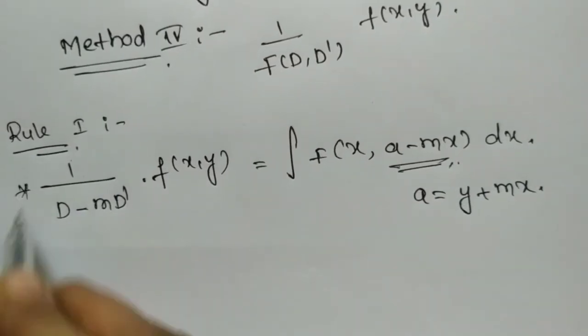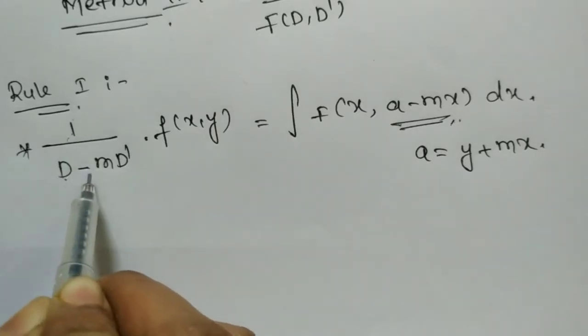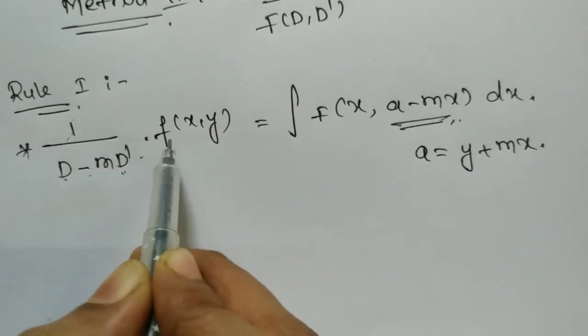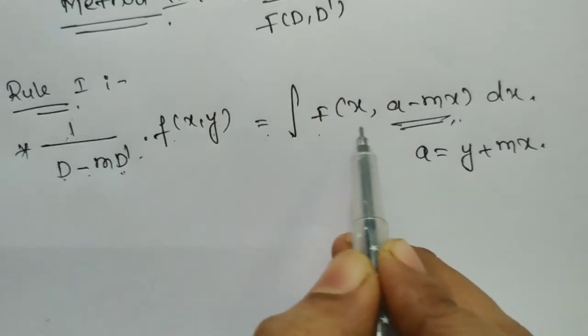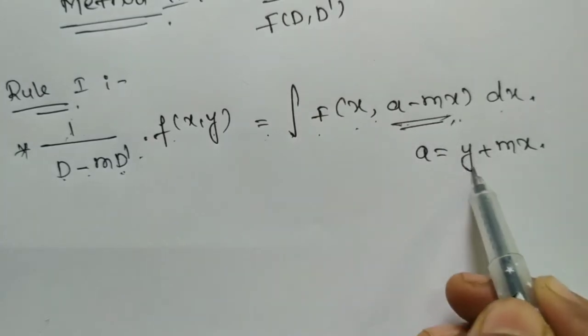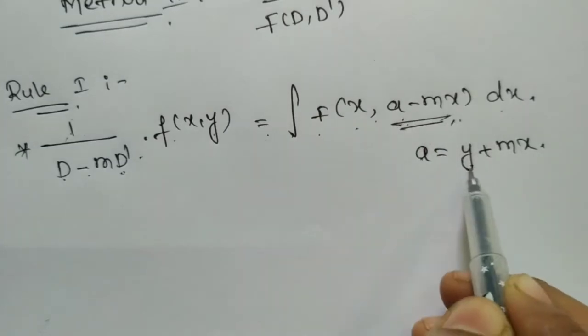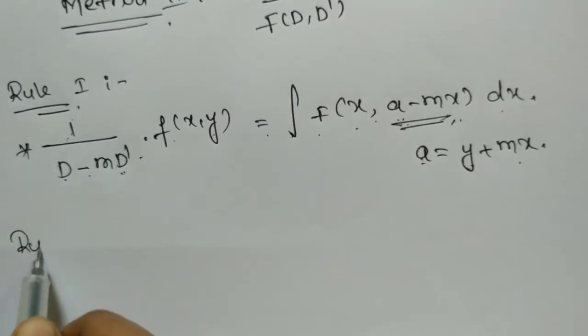So if the differential equation is of the form 1 by D minus mD dash into f of x, y, then integrate f of x, a minus mx into dx, replacing y with a minus mx.